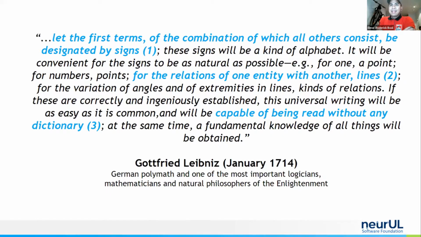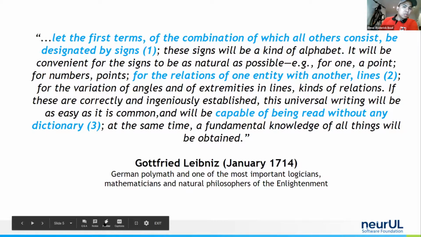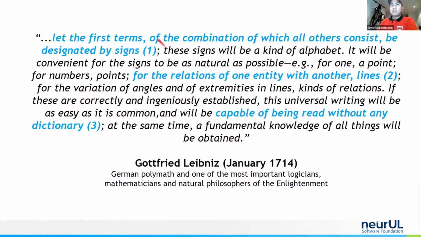In this very relevant quote, he basically mentioned the three things that we're looking for in neurUL and what we're able to achieve in neurUL. The first item here, if you remember, refers to the primitive types.